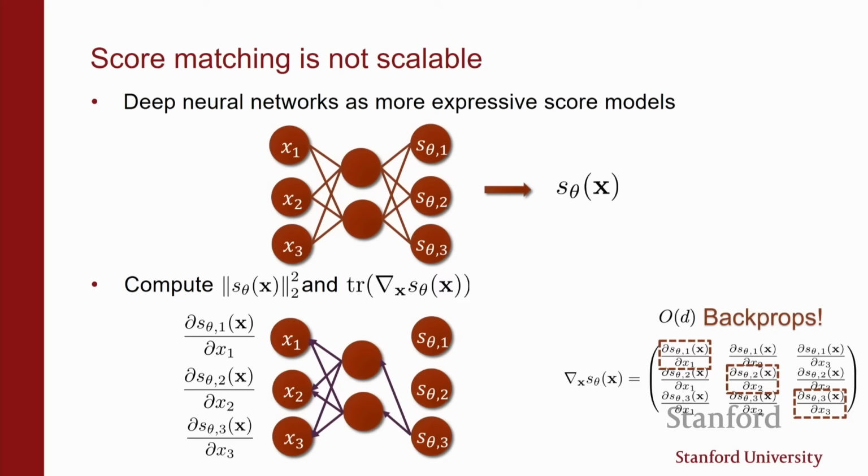And we don't know if there is a more efficient way of doing this, but the only way we know how to do it is extremely inefficient when the number of dimensions grows and is very large. And so even though this loss does not involve partition functions, it still scales pretty poorly with the dimensionality of the data.